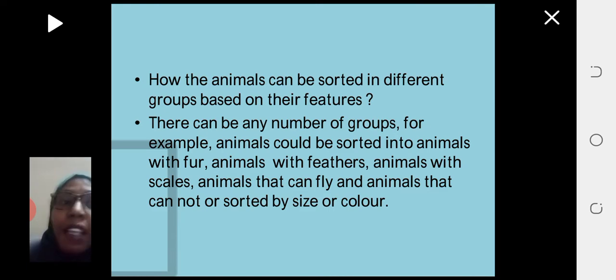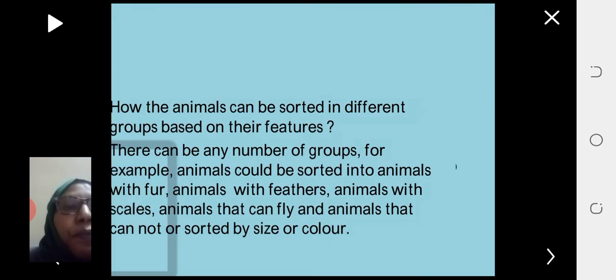For example, animals could be sorted into animals with fur, or animals with feathers, or animals with scales, or animals that can fly and animals that cannot, or sorted by size or color. So we have different ways to sort or classify living things or animals.